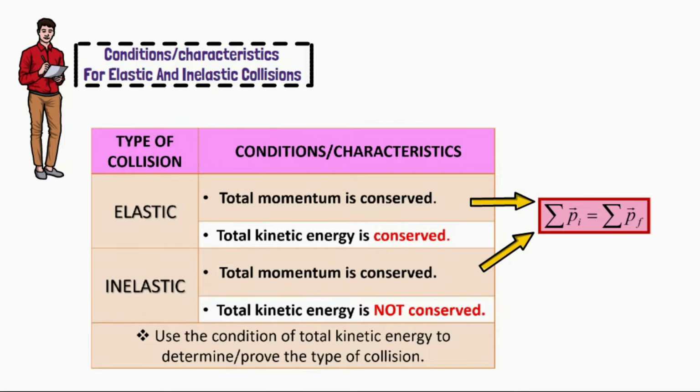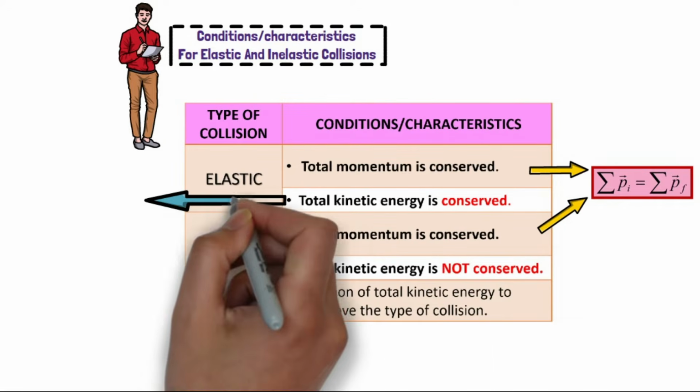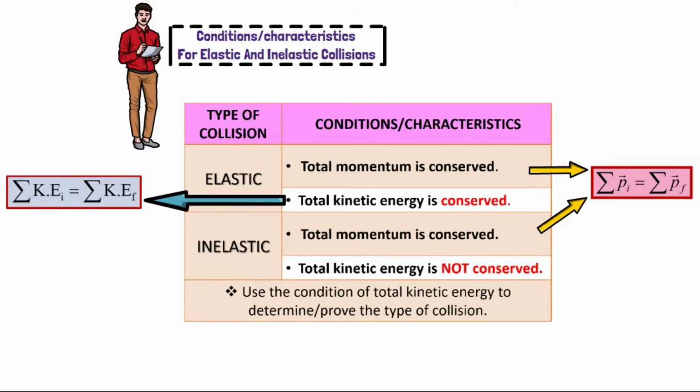Kedua-duanya, total momentum adalah conserved, where total momentum initial equal to total momentum final. Tapi bagi total kinetic energy, untuk elastic collision, total kinetic energy is conserved. Means that total kinetic energy initial, iaitu before collision, equal to total kinetic energy final, iaitu after collision.